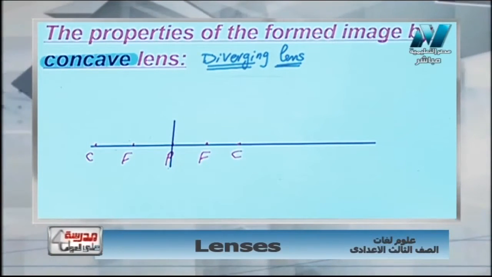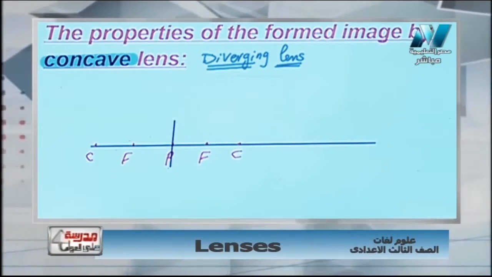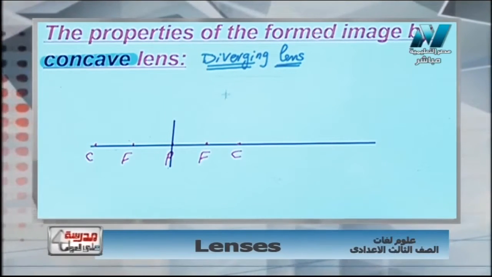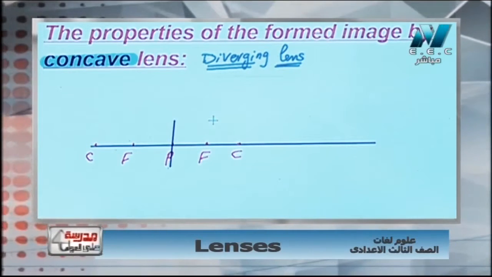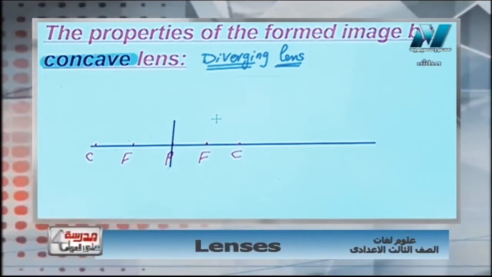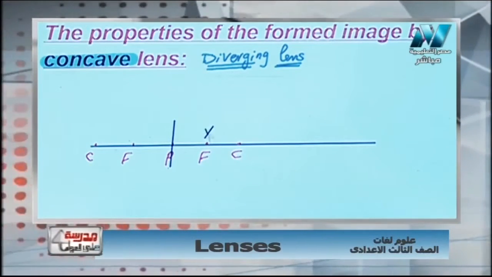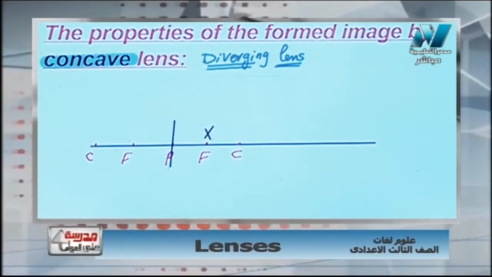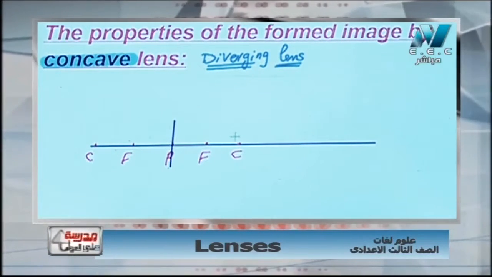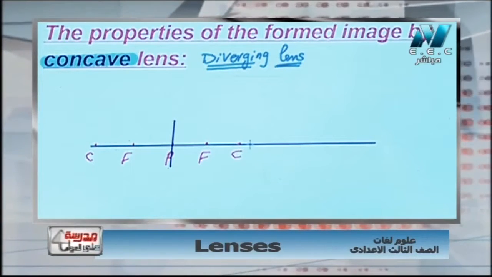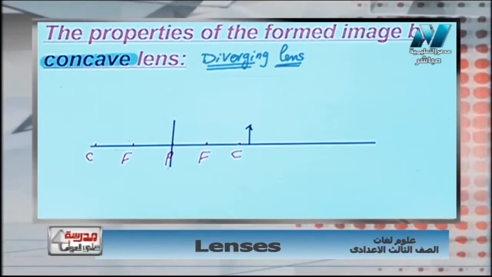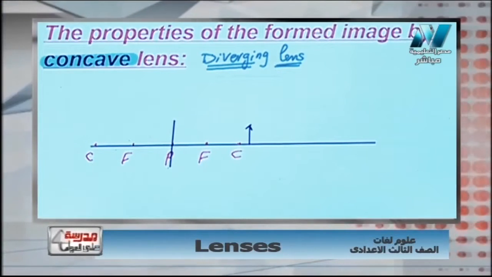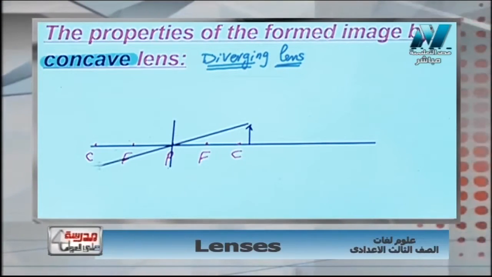The object is at which distance? هو محددليش. As you like. We will draw the object at any point except focus, because at focus we have no image. For example, here, after the center of curvature. And we have rule number 1, a light ray that passes through the optical center doesn't refract.